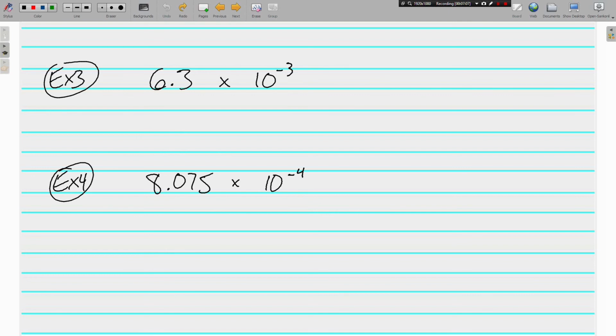All right, 6.3 times 10 to the negative third means I'm going left 3 times. Then I'll go back and fill in my placeholders. 0.0063.